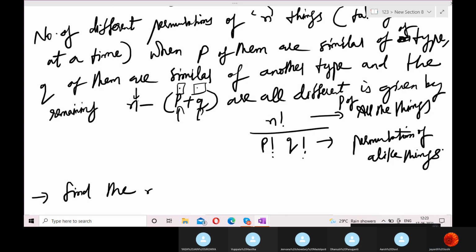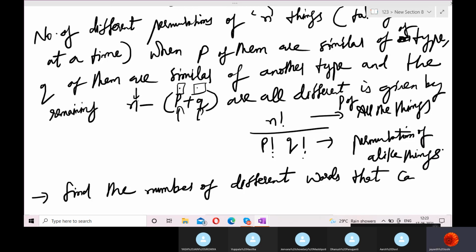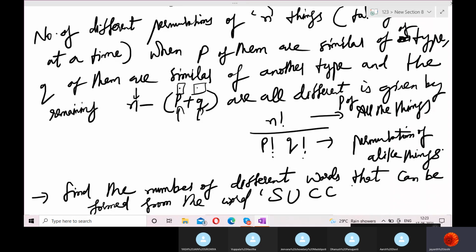Find the number of different words that can be formed from the word success. Come on, do this.